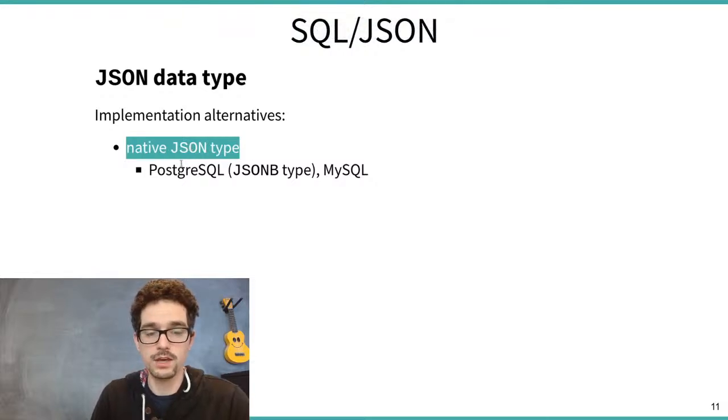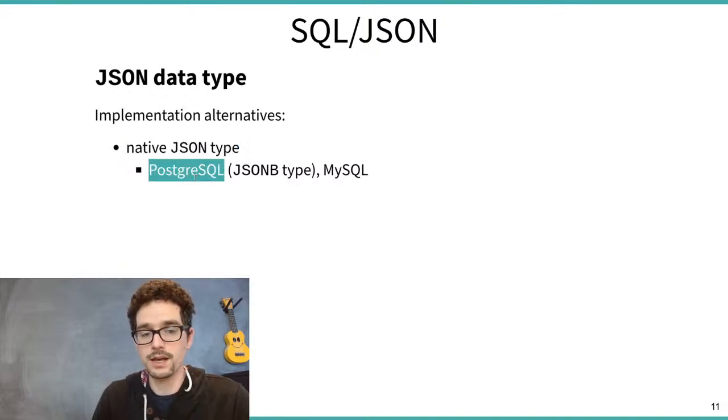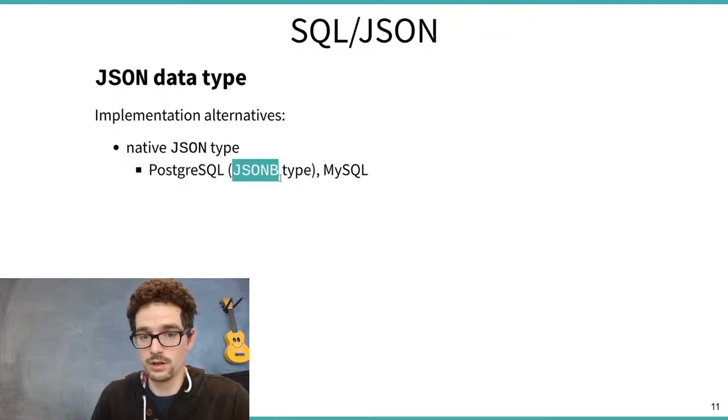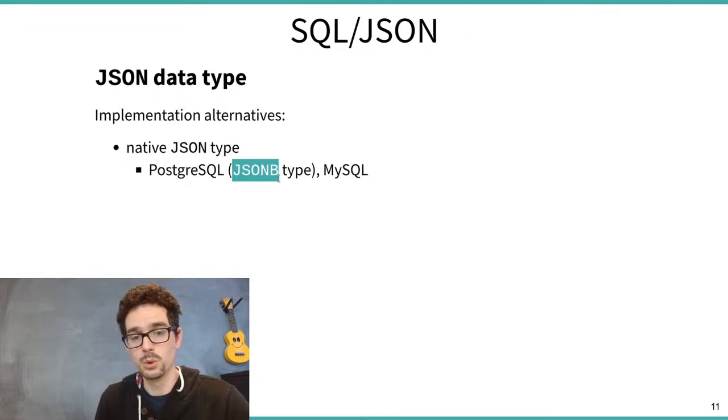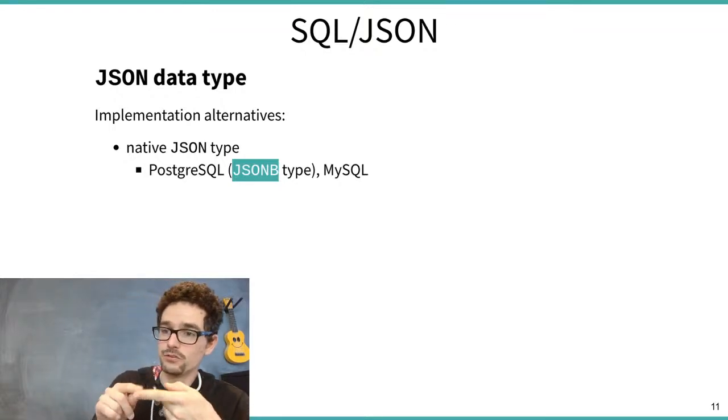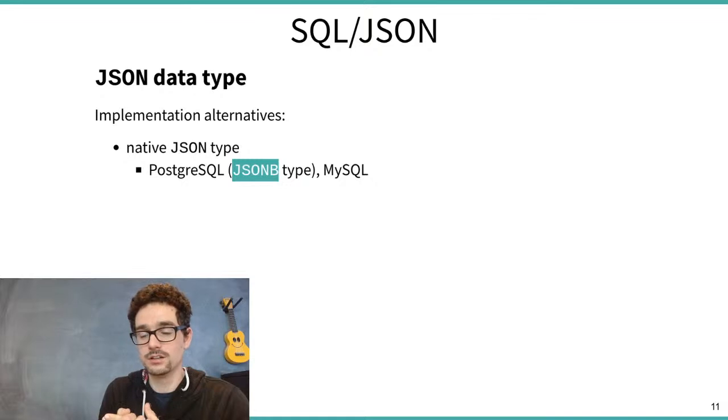So here the data is stored in a binary format. PostgreSQL added this in a version some years ago, calling it the JSONB type. And there are some functions which work on JSON and JSONB. There are some functions which only are supported on the JSONB type.